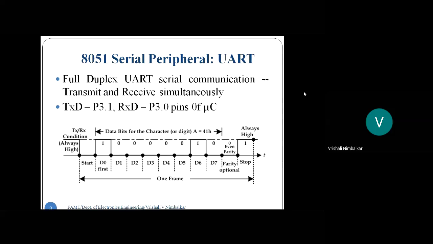Asynchronous means the operating frequencies of the two devices can be different. Whenever we transmit data from one device to another, it is not that both devices will always operate at the same frequency. If they operate at the same frequency, we prefer synchronous communication. But the microcontroller is operating at 12 megahertz, and the other device, suppose a printer, is operating at some different frequency. In that case, asynchronous data transmission is preferred.